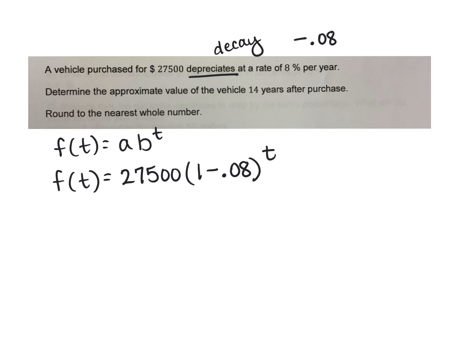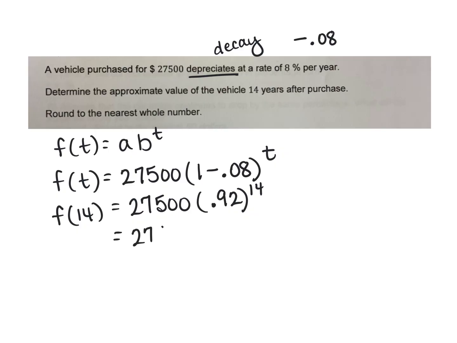So this is my equation, and 14 years after purchase would be f of 14. We know that when you buy a car, it goes down in value very quickly, and this is going to show us exactly how quickly it goes. So this is 0.92 to the 14th power. Be sure you do 0.92 raised to the 14th power first.